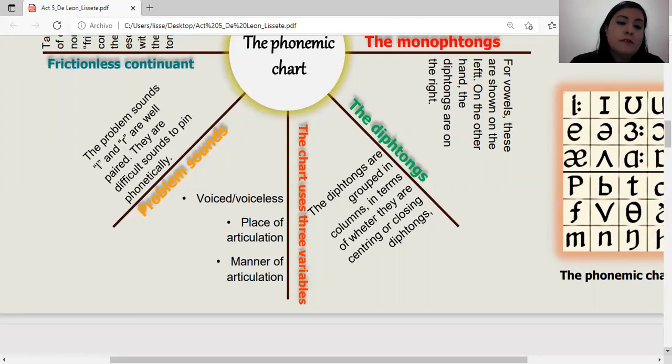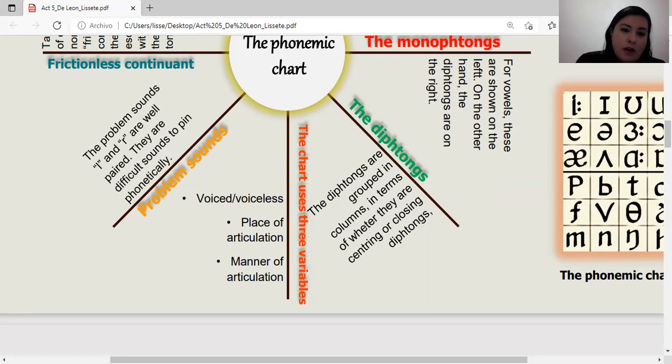About problem sounds. In these headings, it refers to different problems when the word is said by a person. The problem sounds L and R are well paired.